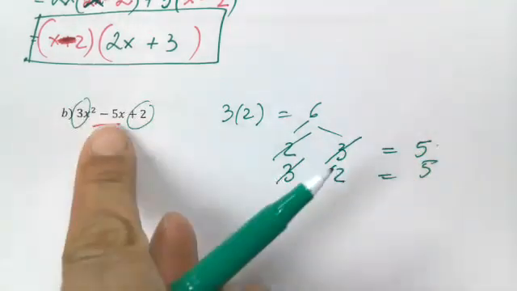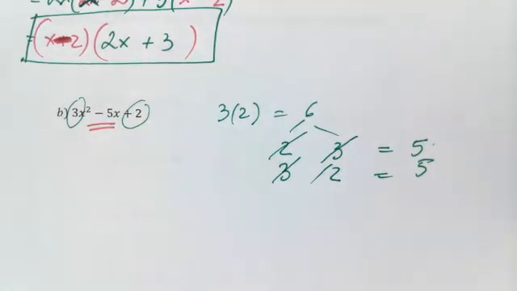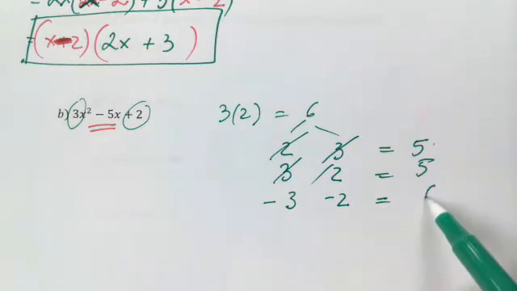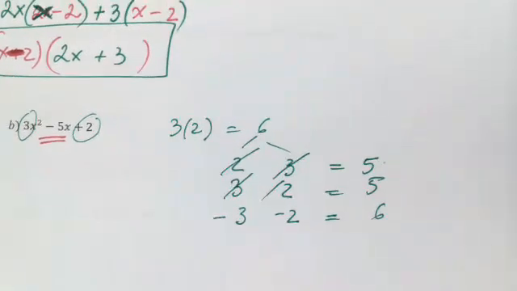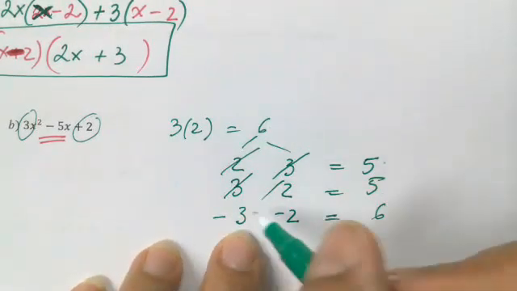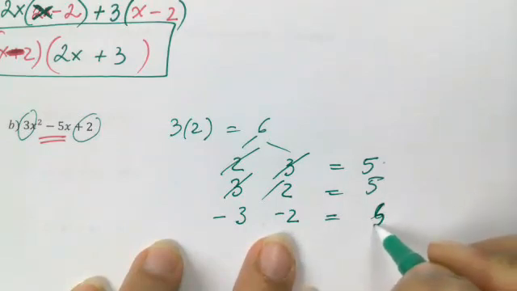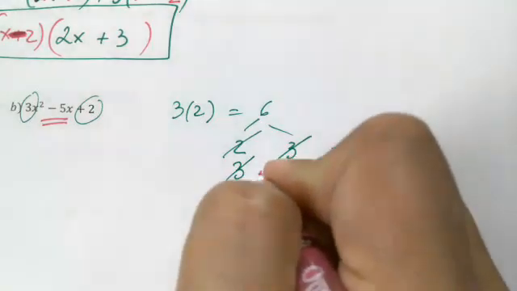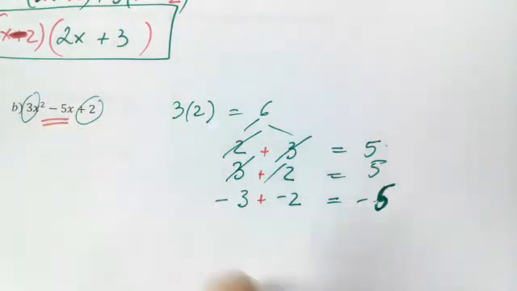No good. We want -5. -3 and -2: multiplied it's 6, and if you add them it's -5. Agreed? Okay. So always add them to check the middle term.